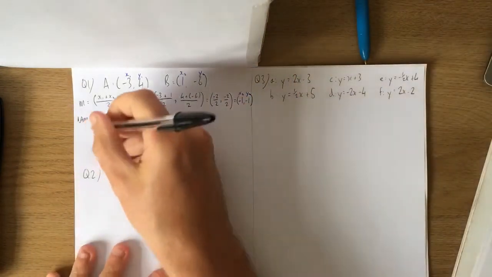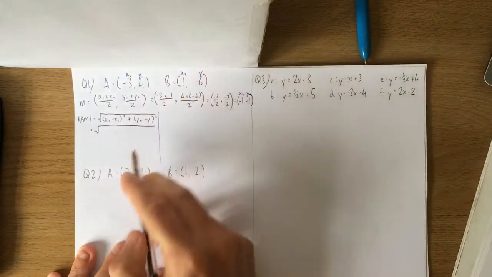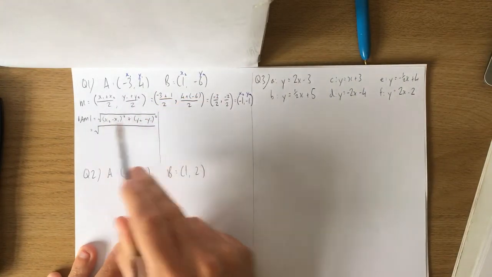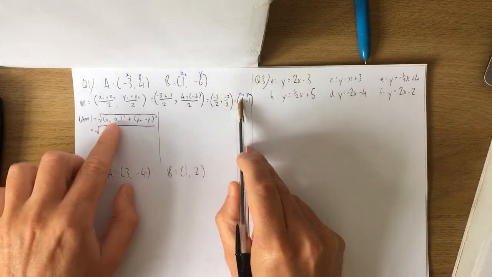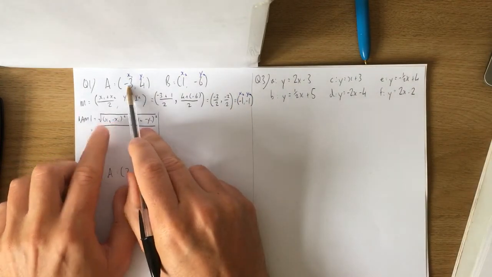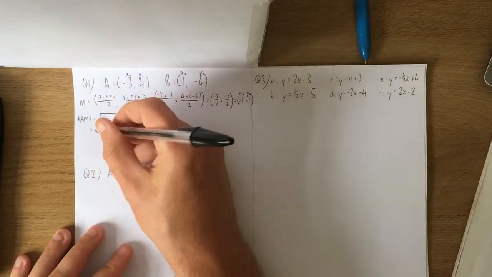So x2 minus x1, that is minus 1 minus minus 3. Just be careful, there's a minus in the formula, and that is a negative point as well.